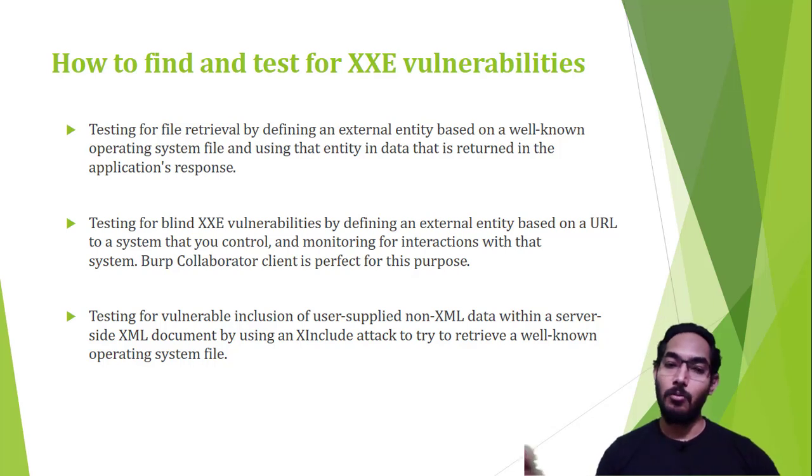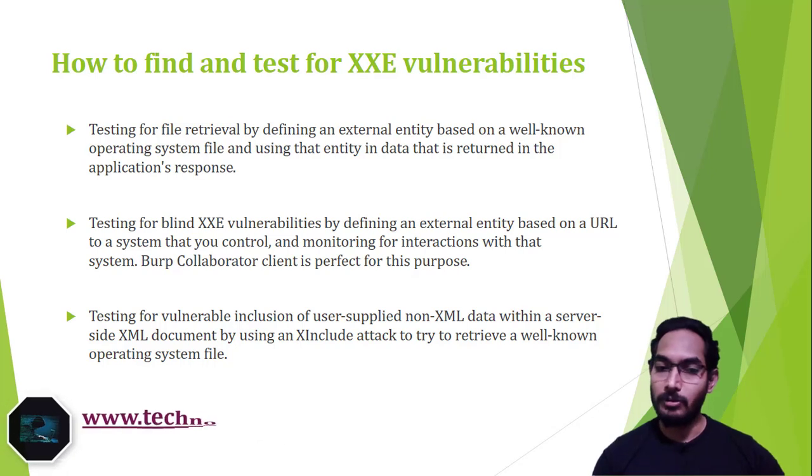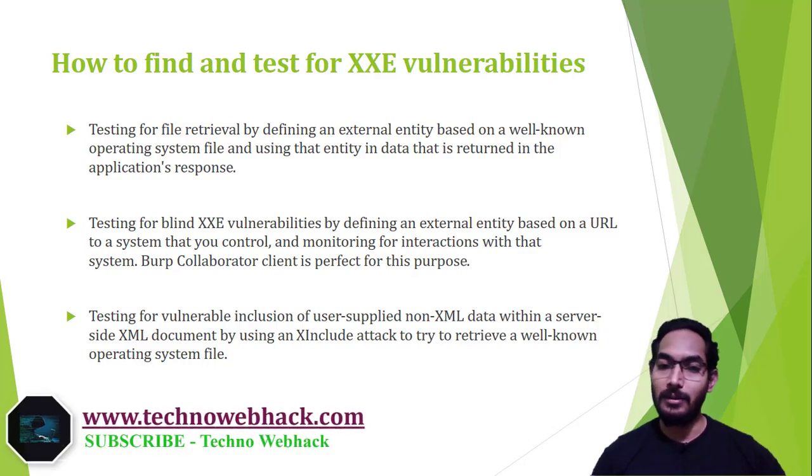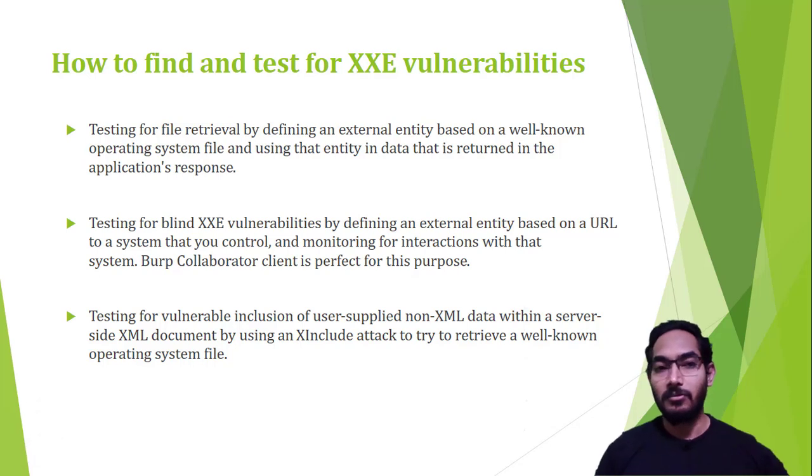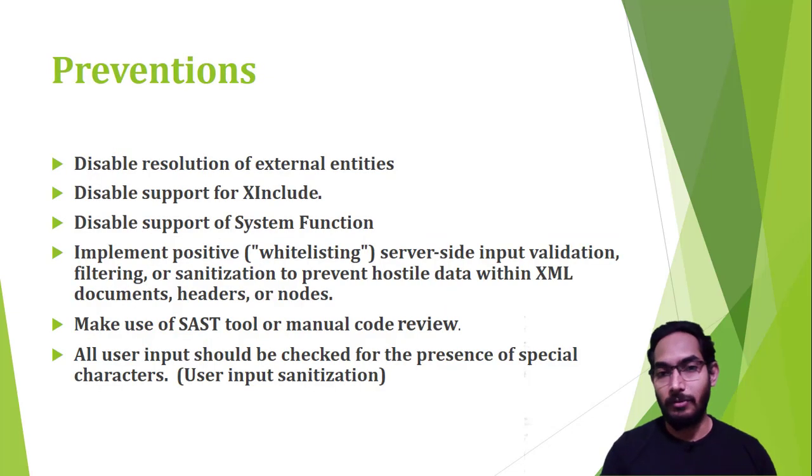We saw how to use the XInclude payload, how to refer it to a particular file, and how to retrieve a well-known operating system file using this function. This is how we found the XXE vulnerability and got the well-known operating system file. So now let's move on to the prevention.